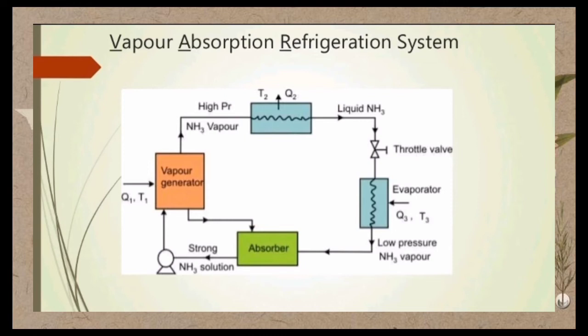You can see the illustration below of the VAR system, where you can see the vapor generator, the evaporator, and the absorber. As you observe, the vapor generator to evaporator is high pressure, while the evaporator to absorber is low pressure.